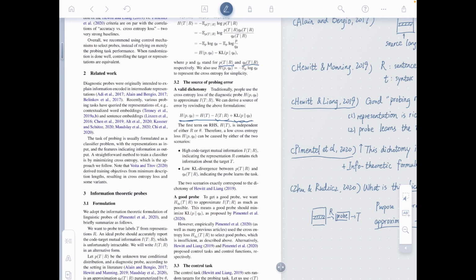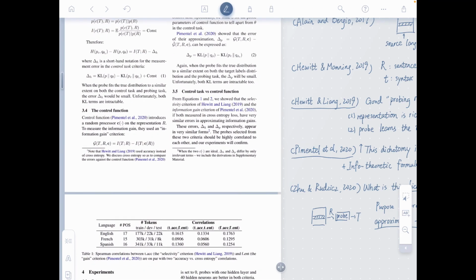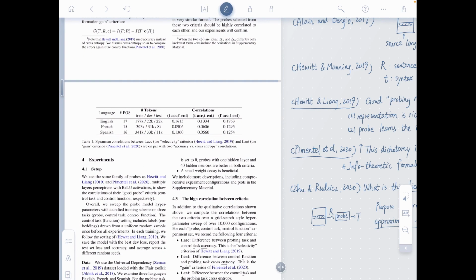We actually did experiments in part of speech tagging using the Universal Dependencies dataset in English, French, and Spanish. We found that the correlations between these two criteria are so high that they are comparable to the correlations of the accuracy and the cross-entropy loss.